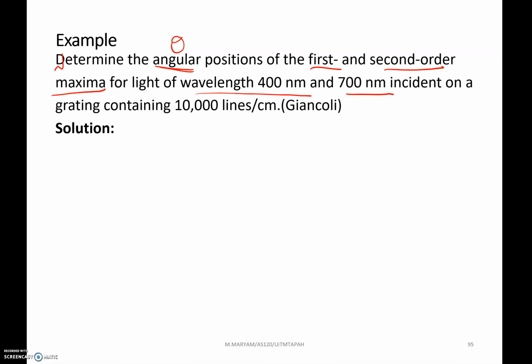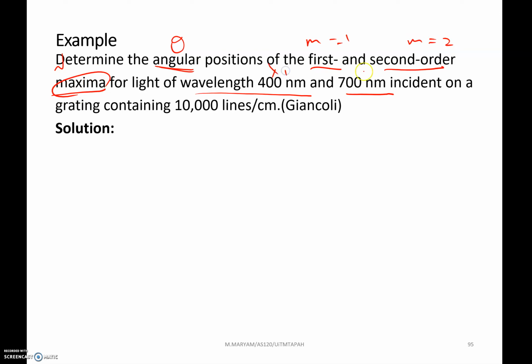Meaning, for constructive interference, if they want the fifth bright fringe or fifth maxima, your order will be 5. But if they want the fifth dark fringe or fifth minima, you have to minus 1, so your m will be 4. Exactly the same as Young's double slit. So take out all the values, and m equals 1 and m equals 2 because it's for maxima.